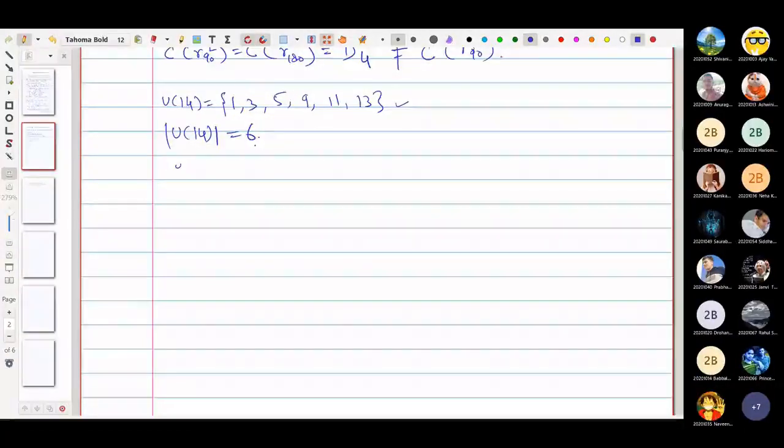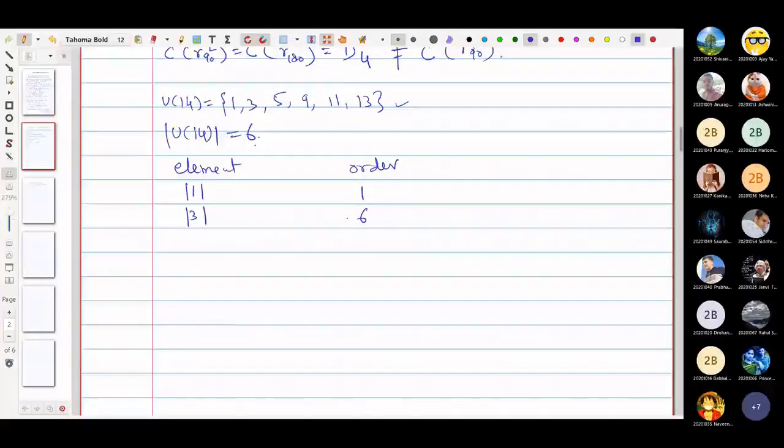So let us write here element and order. First, let us complete this. 1, order is 1. Order of 3 will be how much? You can note it down.